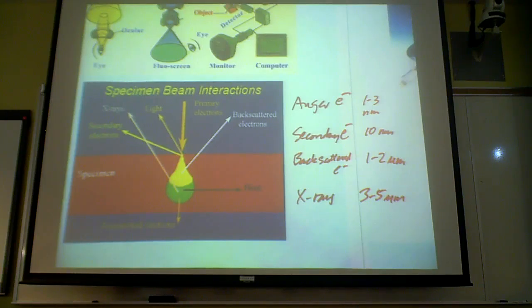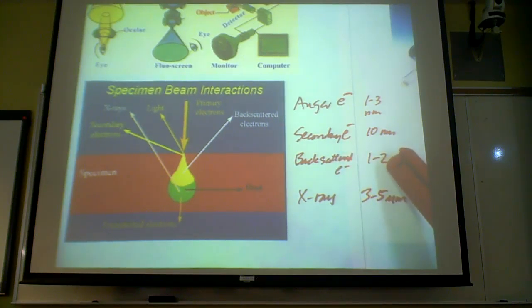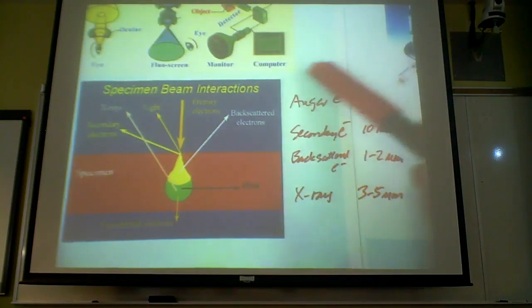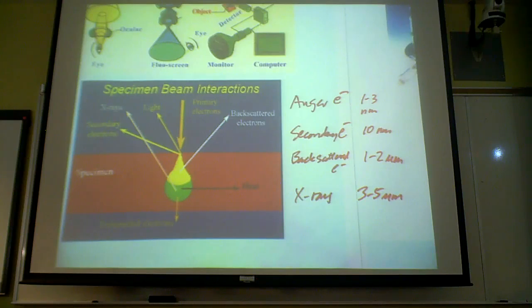Where this information is coming from differs. Backscatter electrons are deep, about 1 micron. X-rays, 3 microns, right? So you have to be careful when you're talking to materials and analytical people. You have to know what you're talking about. This is known as the probe volume effect. So you're really not measuring just the surface, okay?